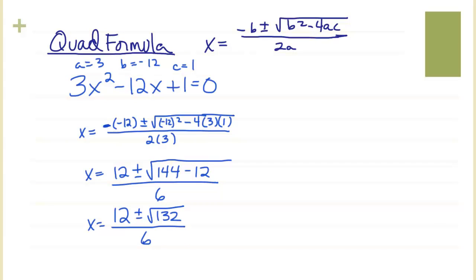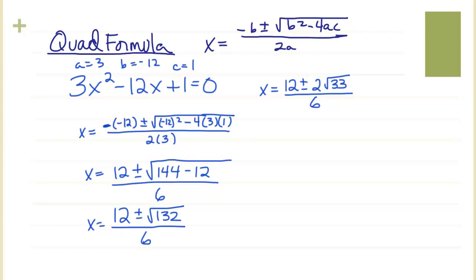Usually remember pretty well that we're going to do the tree to simplify. I'm not going to show the tree. I'm just going to write the simplified version next. We've got x equals 12 plus or minus 2 root 33 over 6.